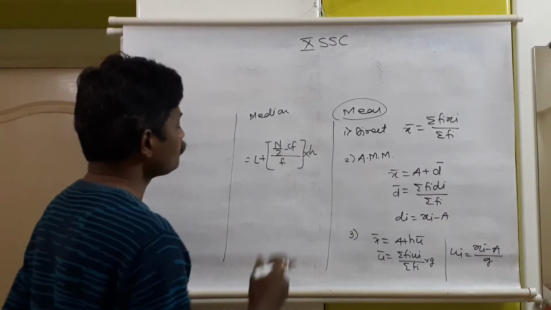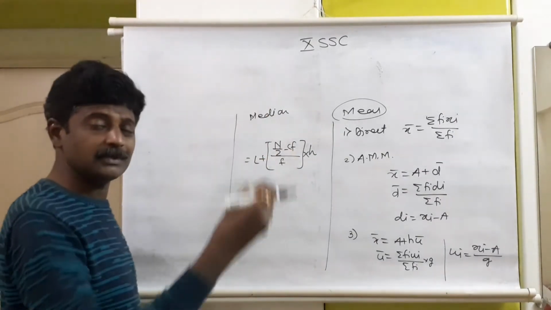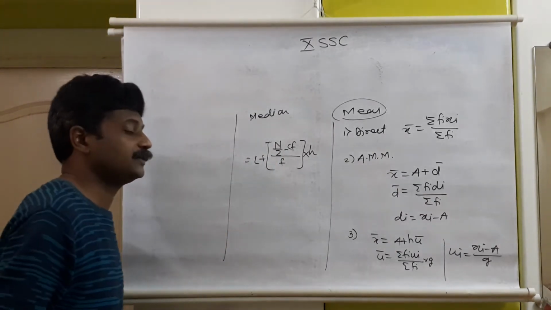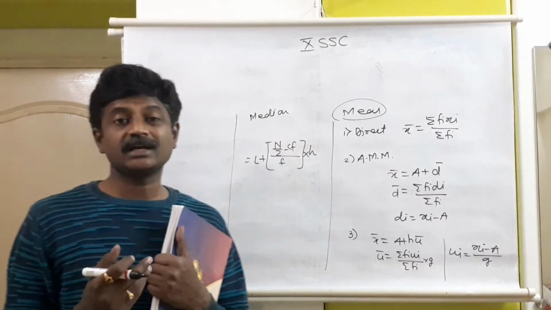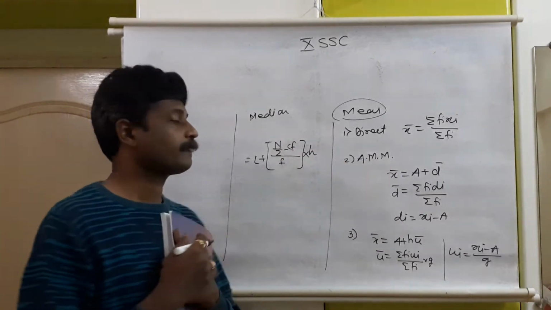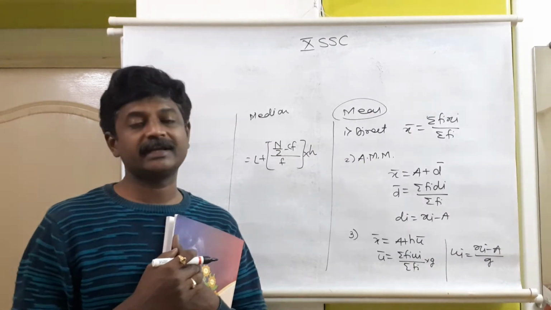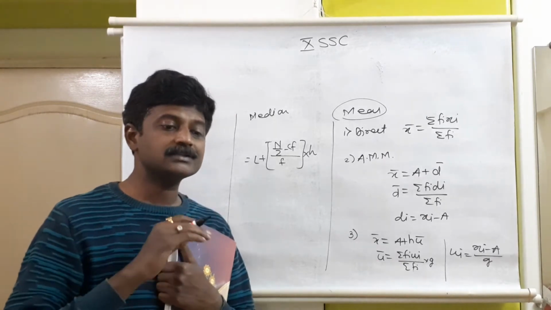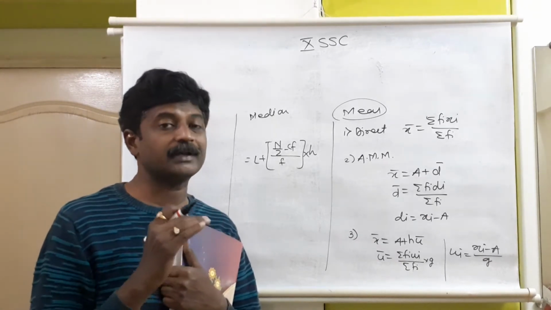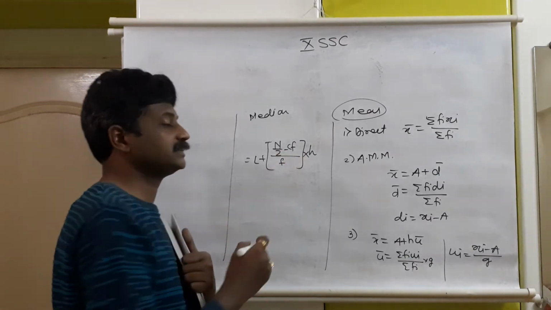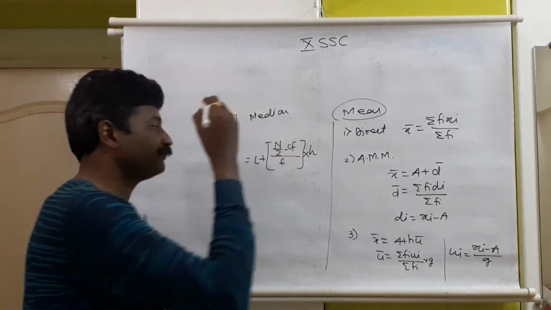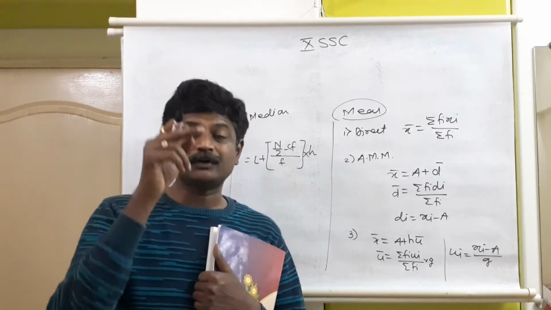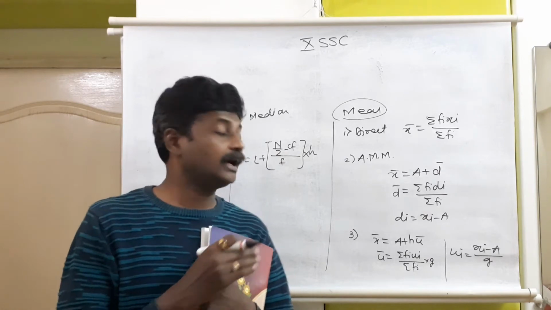Now, how to find n by 2? The summation of the frequency column, that is capital N, divided by 2 gives n by 2. After getting n by 2, which are the values of CF, F and L? In the cumulative frequency column, find the first cumulative frequency that is bigger than n by 2.